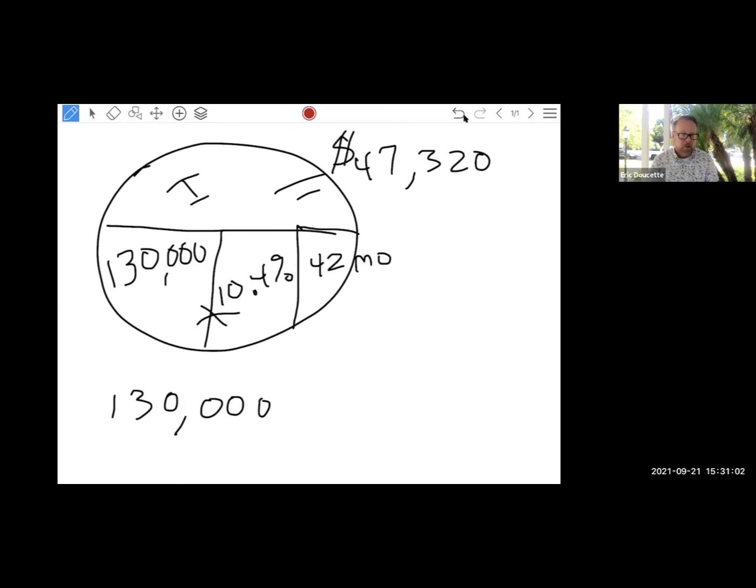So on $130,000 at a 10.4% interest rate for 42 months would give you $47,320. That's how much interest you've earned. So that's pretty nice. We don't see loans or investments at 10% any longer, but that was something we had in the past, but not anymore. Now they're more like 2%. Anyway, we'll move on to some other questions here.